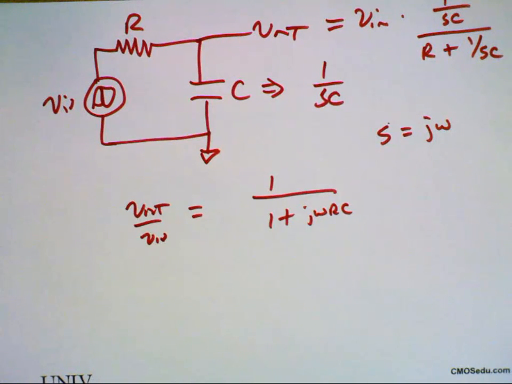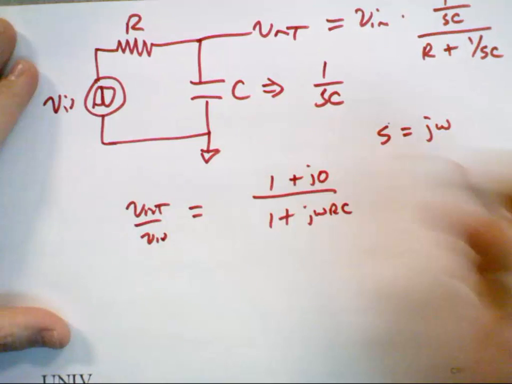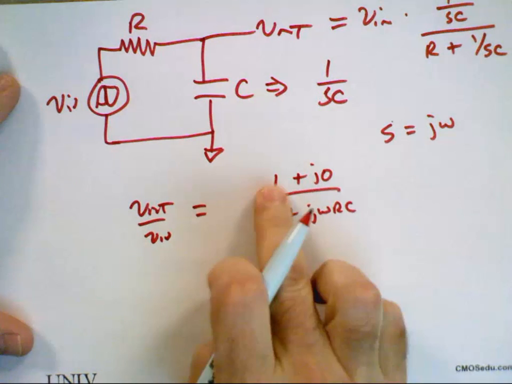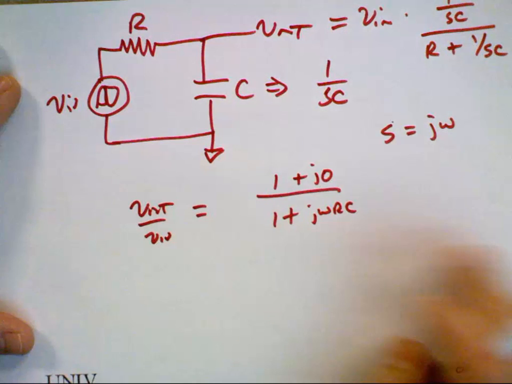Has anybody not seen this before? Has anybody seen this before? A few people. Okay. I'm going to change this a little bit. I'm going to write plus j0, so I have a real, imaginary, real, imaginary.